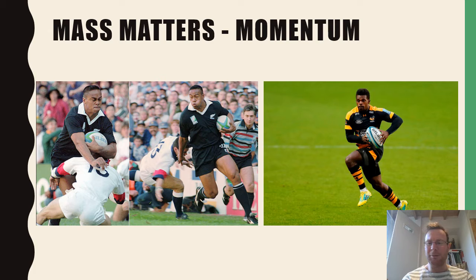A lot of people felt he wasn't quite big enough, and he wasn't this power player that would crash through people. He's currently trying to get a career in the NFL, and he seems to be doing all right in the grand scheme of things. He's having to learn a new game, but his agility is fantastic, because he is that little bit lighter. So he's able to move and be more agile.